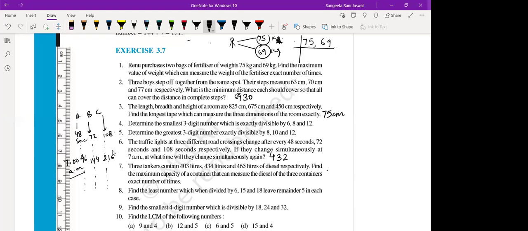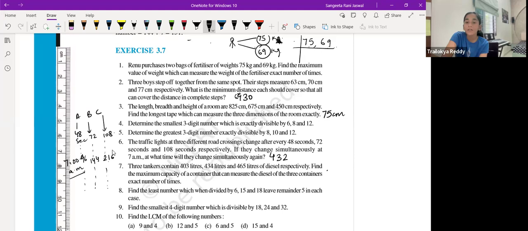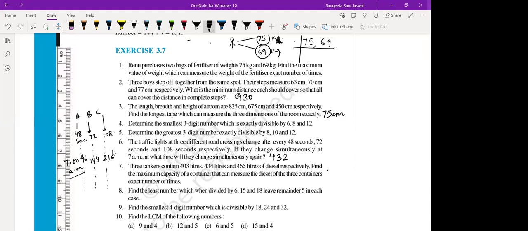Trilokya, you also find out. Ma'am, I got the same answer, 432. Harshit, did you find your mistake? Yes, ma'am. So the lights will change after 432 seconds.